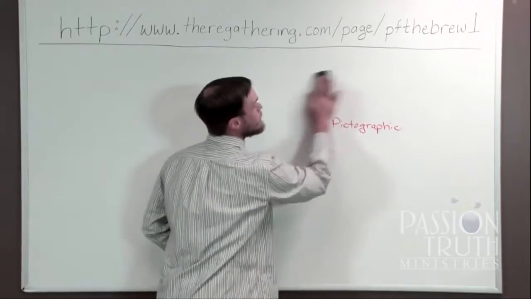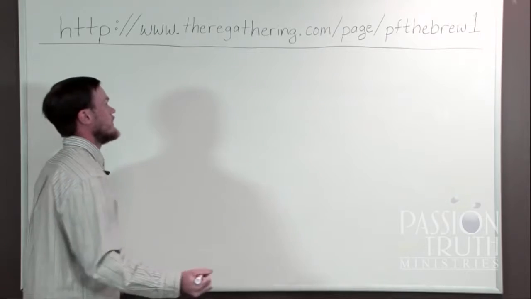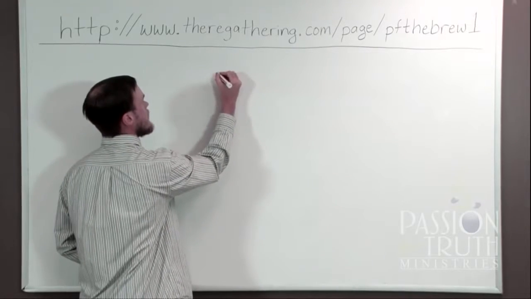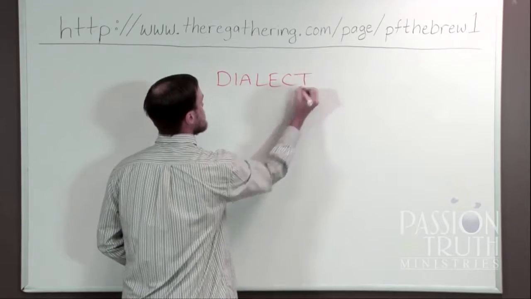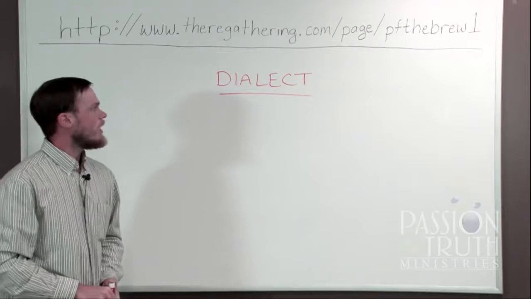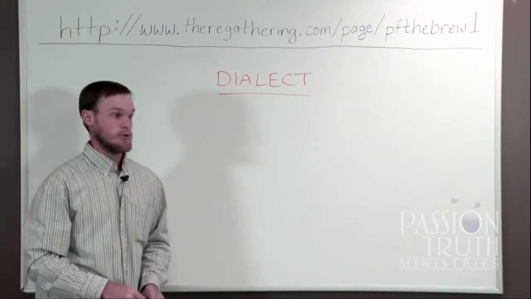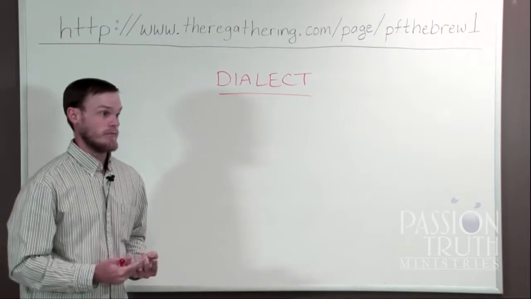Now, even in modern Hebrew, there are variants. There are different dialects. A dialect is how a language is spoken. All languages have dialects, and usually dialectical differences arise from geography.